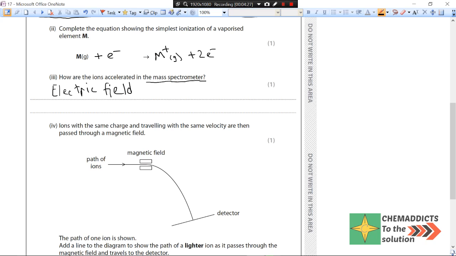Most students make a mistake here. They get confused over the electromagnetic field. Since we study both chemistry and physics at the same time, they get confused between the electromagnetic field and the electric field. Electric field only involves electrons producing an electric field.